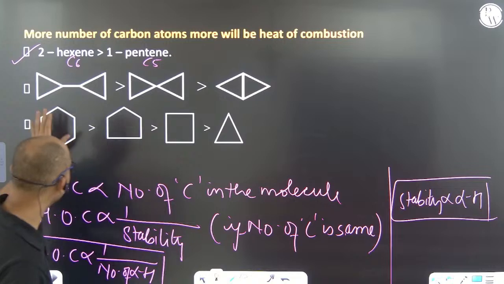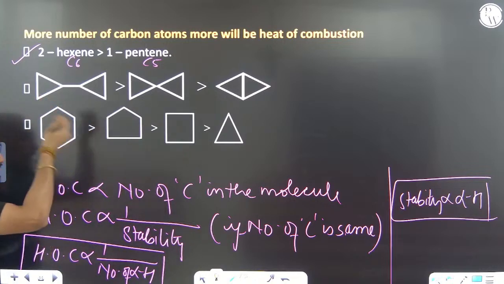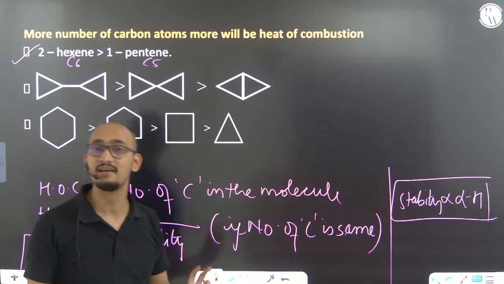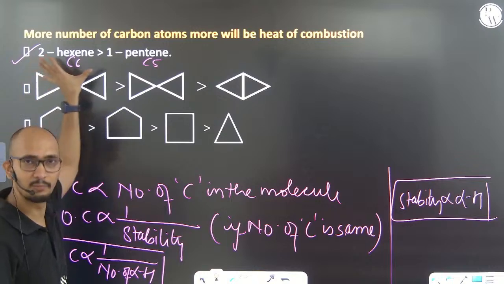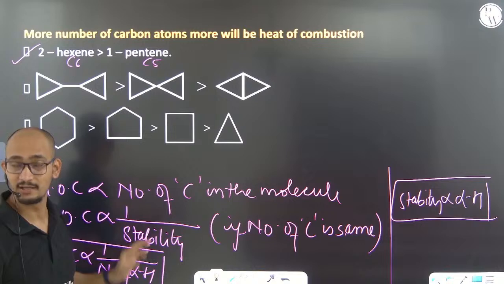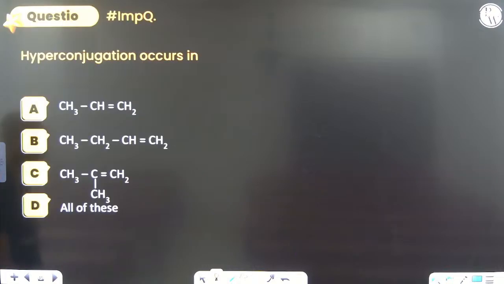So its stability will be more, and as stability becomes more, per carbon its heat of combustion will be less, but overall heat of combustion will be more, because the number of carbon is more. That's it. But per carbon it will be less. I hope you understand. Not a big deal. Let's move ahead.